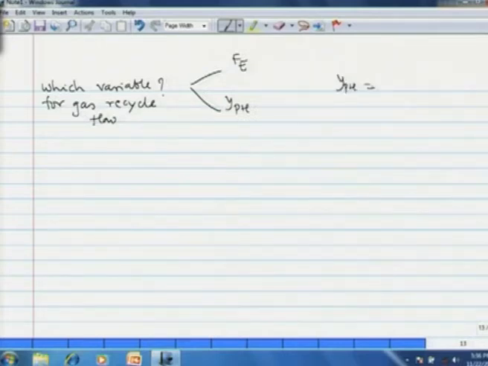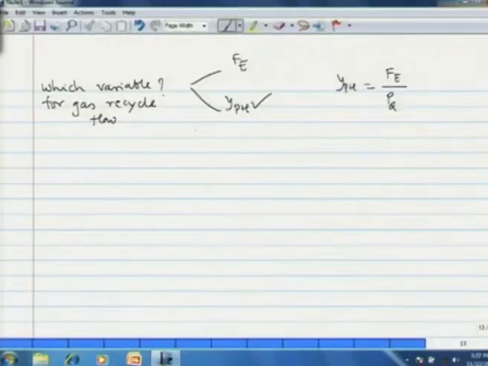YPH essentially is the excess hydrogen divided by the total purge flow. Now, out of these two, we prefer to use YPH as the variable because of numerical advantage.